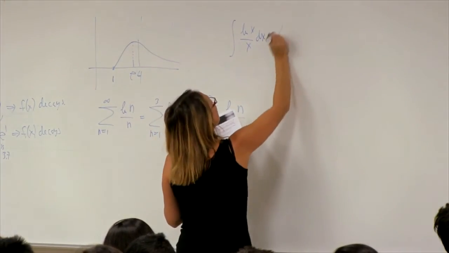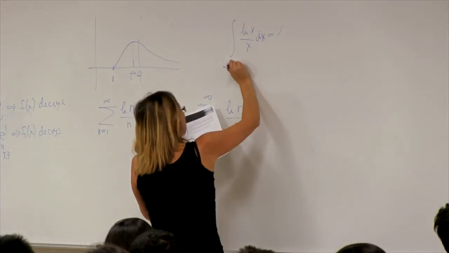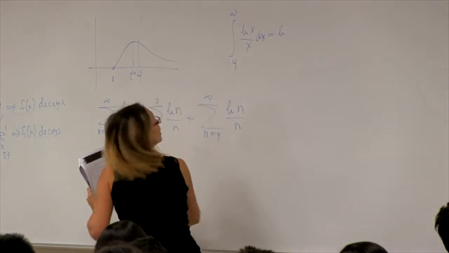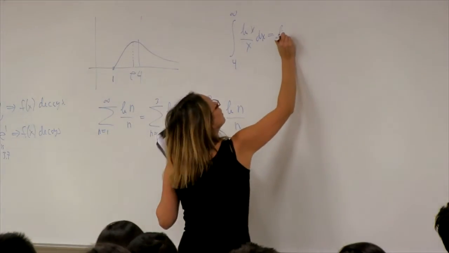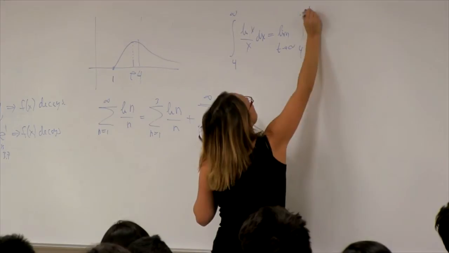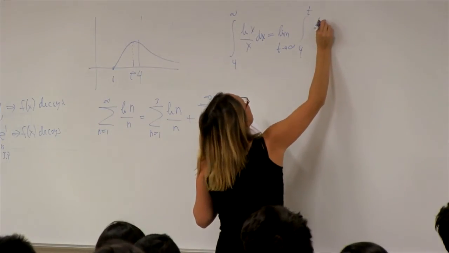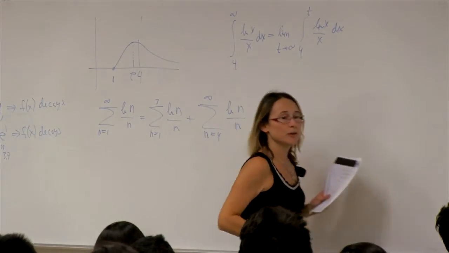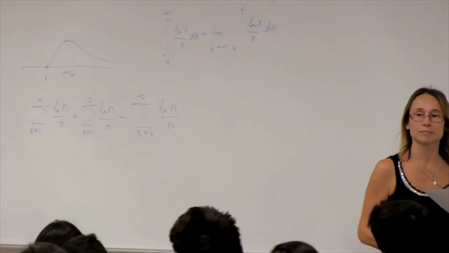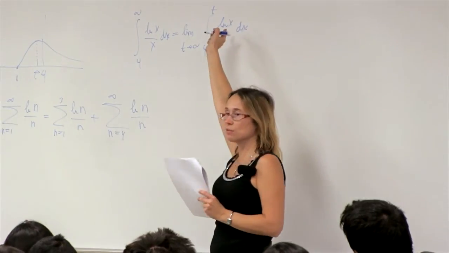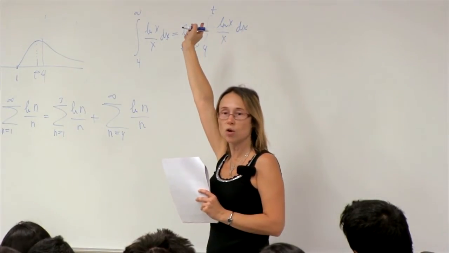So, the limit from 4 to t of log x over x dx. How do we evaluate this integral? Substitution, right? Because 1 over x is a derivative of log, so u is the log.